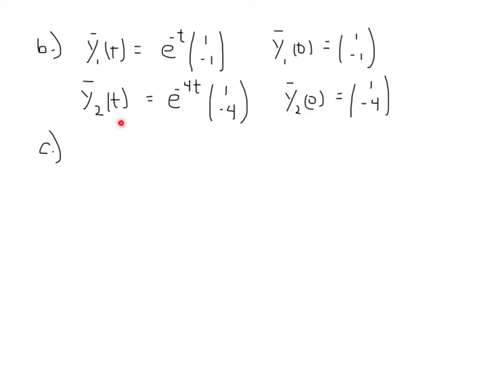The second solution is e to the -4t times the corresponding eigenvector (1, -4). At time 0, it's at (1, -4), and I want you to note that these two eigenvectors are linearly independent, and so these solutions can be used to build the general solution if we need to.